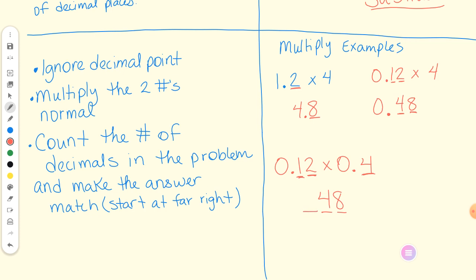Where do I put my decimal point? Kendall? After that empty line. Bryce, what do you think goes in that empty line? A 0. What else do you think I need to add, Bryson? Another 0. Now, double check. I have 1, 2, 3 decimals in my problem. 1, 2, 3 decimals in my answer.